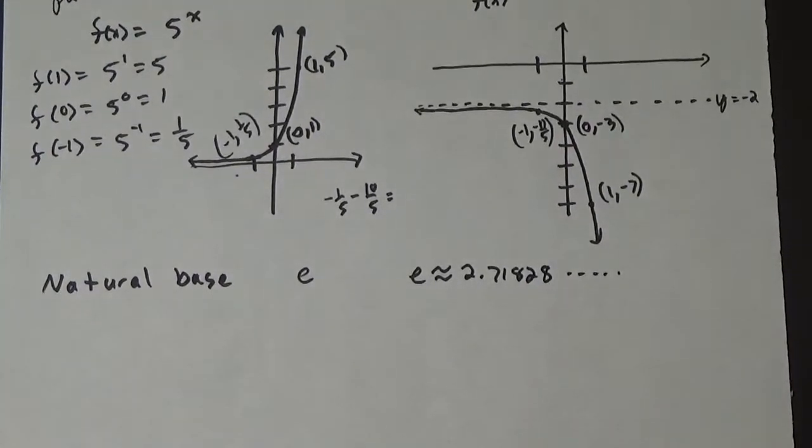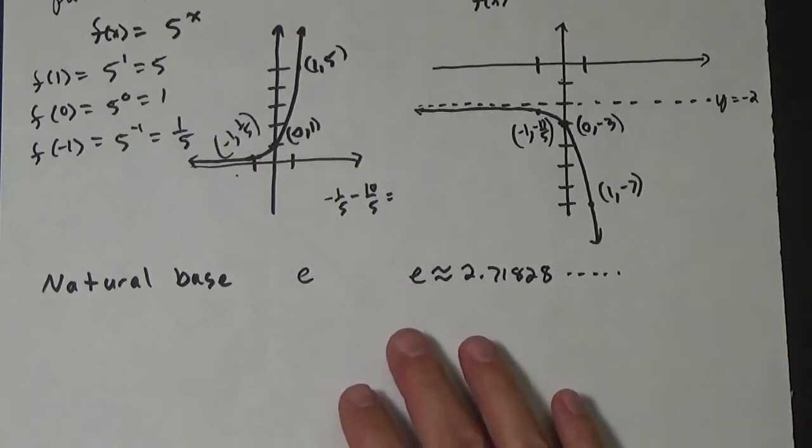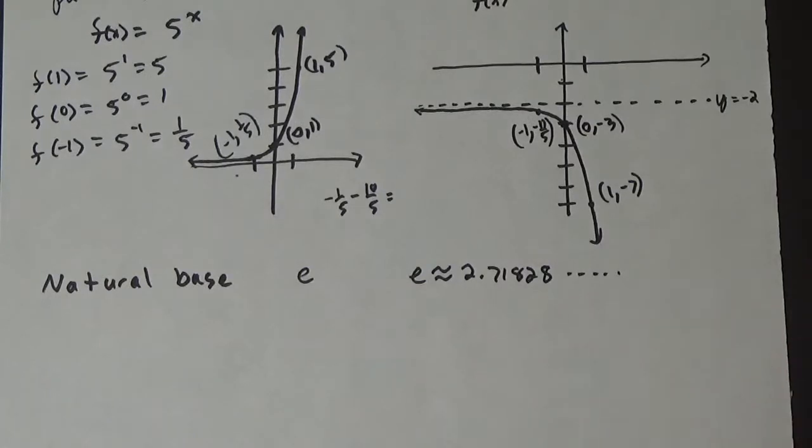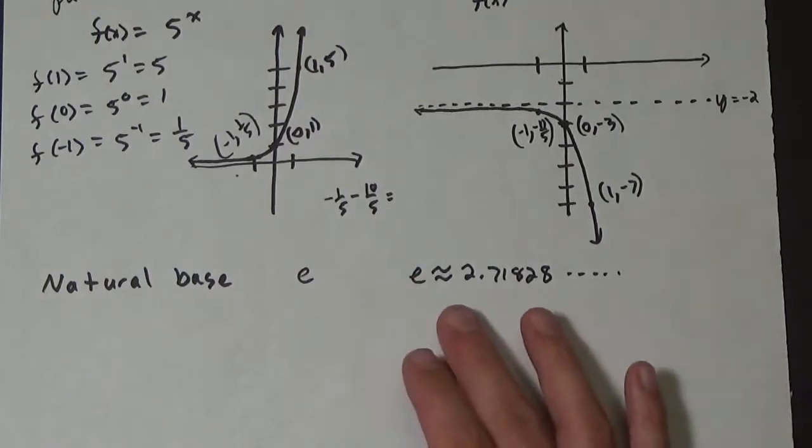Just like we have a number pi, and pi is the ratio of the circumference to the diameter in a circle, but that number pi is irrational. It goes on forever and ever and ever. But it came up so often that we came up with a letter to help us, and so we came up with the Greek letter pi. Well, e is the same way.